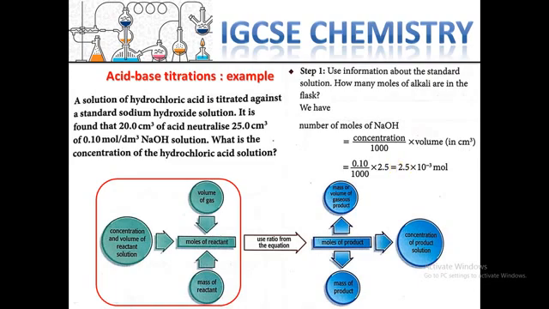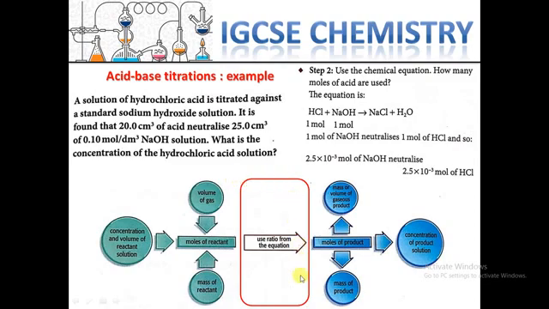Then after that we move to the second step. Here we need to use a ratio from the chemical reaction, as I explained before. Use the chemical equation: how many moles of acid are used? We use 1 mole of acid and 1 mole of sodium hydroxide. So 1 mole of base can neutralize 1 mole of acid.